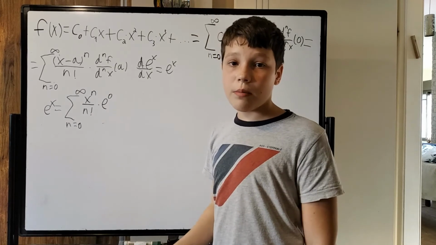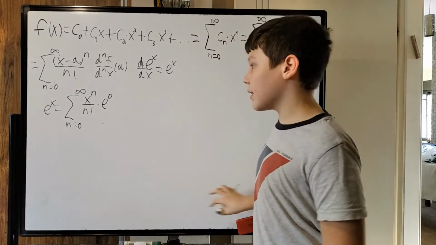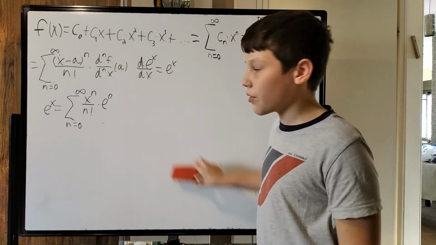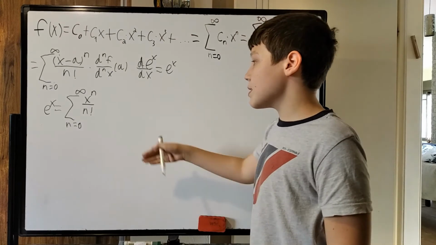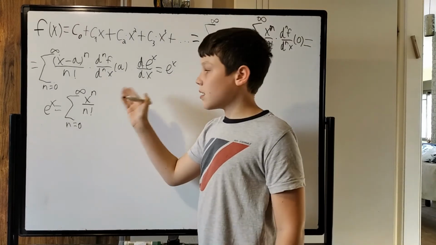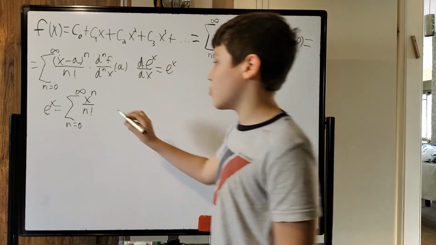E to the 0, like anything to the 0 except 0, is 1. Multiplied by anything, it's still going to be the same thing, so we can erase this. It's super nice: the sum as n goes from 0 to infinity of x to the n over n factorial.